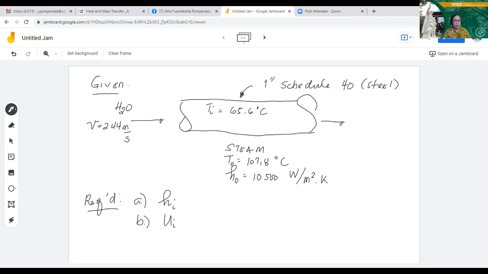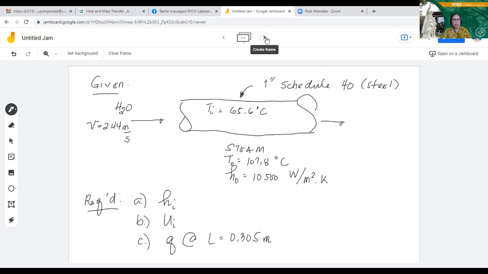And letter C, the heat transfer rate, given that the length of our pipe is 0.305 meters. Still, the water inside it is at a temperature of 65.6 degrees Celsius. So these are our given and required information.